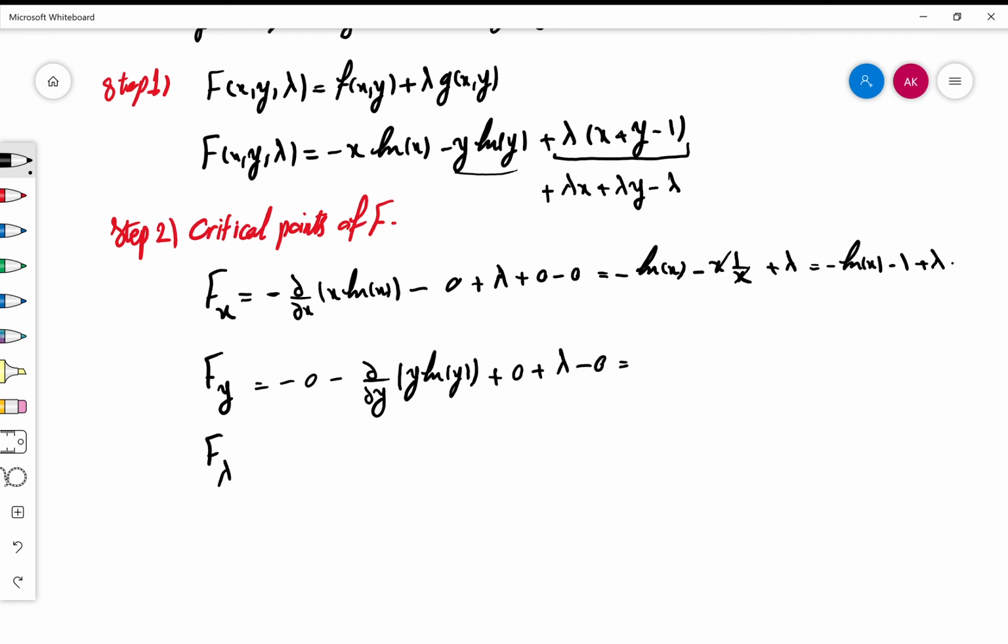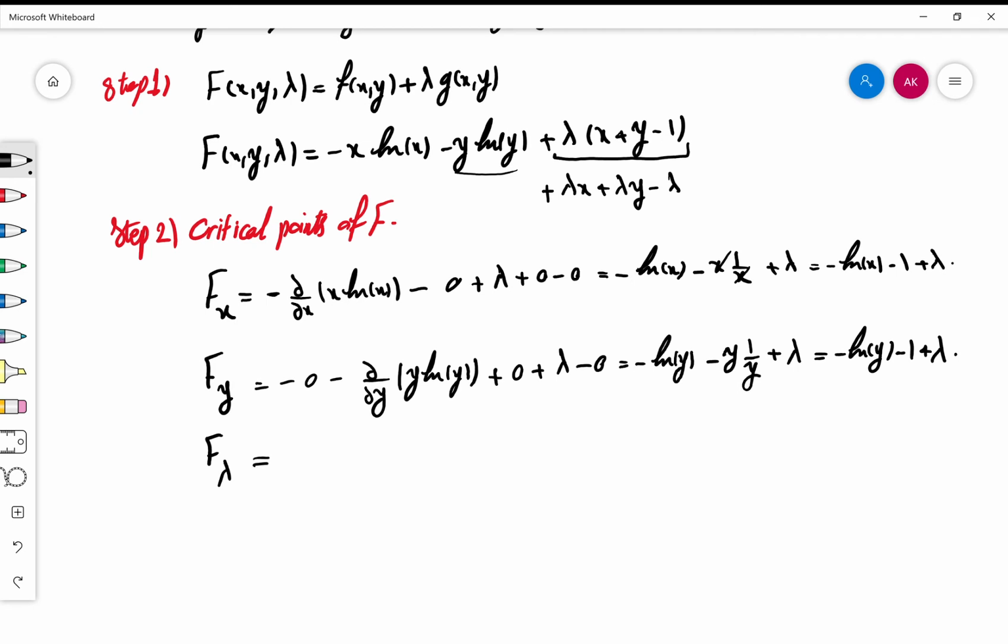And that will give us minus ln y minus y times 1 over y plus lambda, and that is minus ln y minus 1 plus lambda. That's F_y.